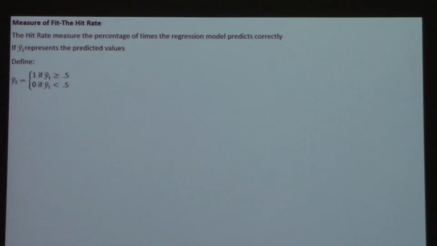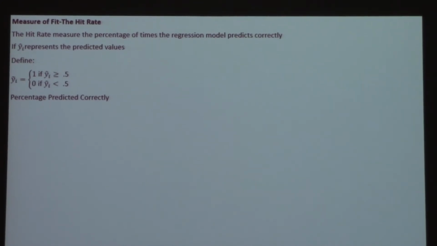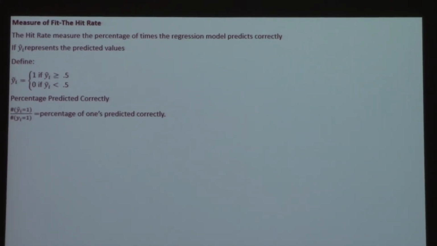And then in essence, we're going to take our predicted zeros and ones and compare them with our actual zeros and ones. So how do we do that? We look at something called the percentage of predicted correctly. Remember, the tildes are our reconverted zeros and ones from our predicted probabilities. The y's are our actual zeros and ones.